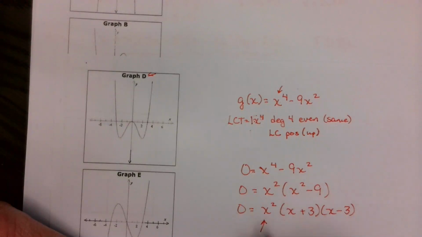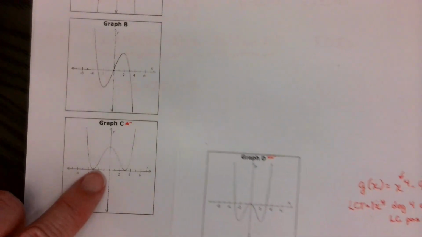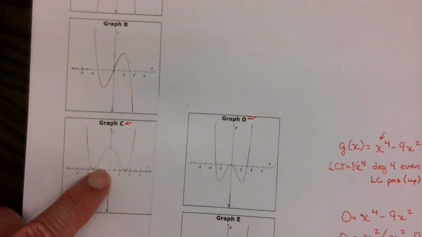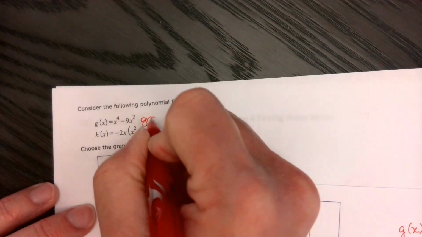That tells you that x is 0. Here, x is a negative 3. And here, x is 3. So that means it's this one right here, because this one doesn't have a 0, 0. Only this one. So for this one, it is graph D.